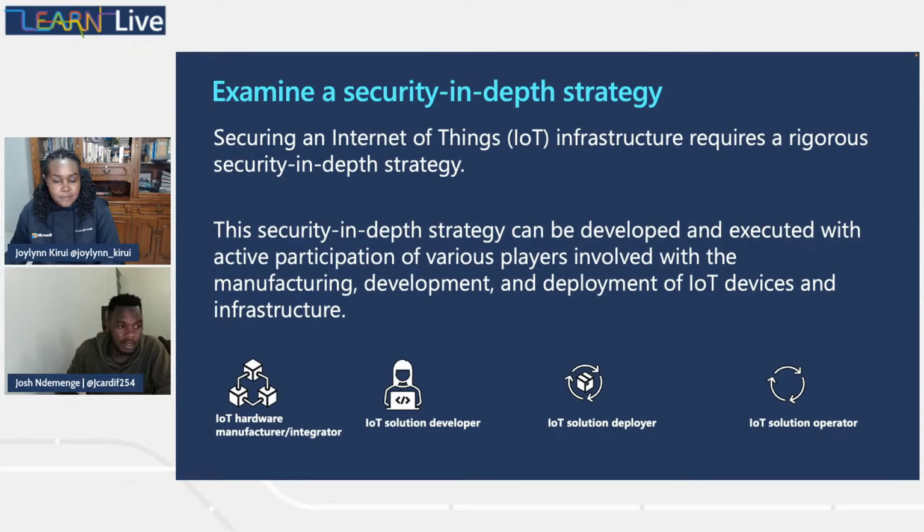And the final part we have are the operators. Once it's deployed, any IoT solution will require long-term operation of monitoring, upgrading, and maintenance. This can be done by an in-house team comprising different specialists. These are the people who generally maintain and monitor and probably even upgrade the different IoT solutions.